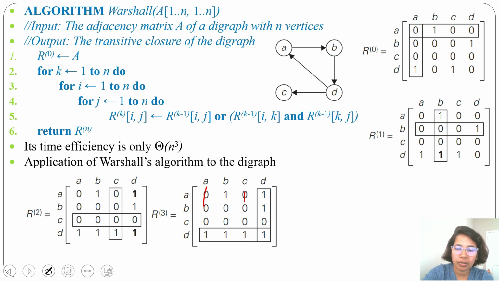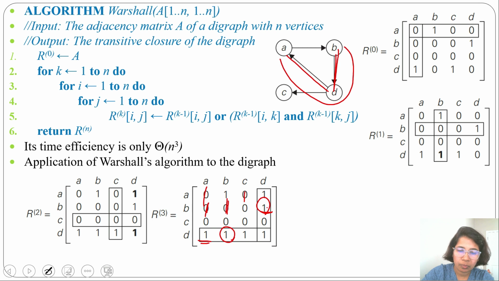Next check the B row. B to D is 1, and D to A is 1. So B to A there is a path. That's why B to A will be 1. Next B to D is 1 and D to B is 1. So B to B will be 1.